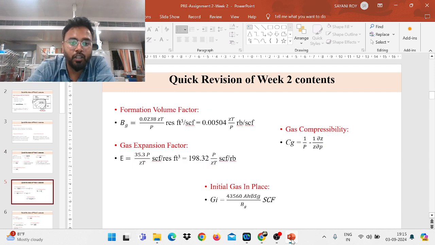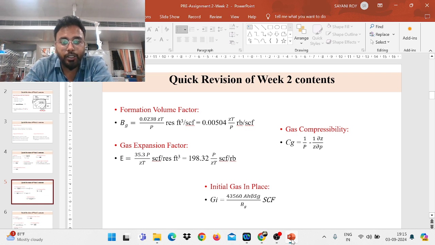Next formula is for the formation volume factor, denoted by Bg. The formula is 0.0238 ZT by P, reservoir feet cube per SCF. It can also be written as 0.00504 ZT by P, reservoir barrel per SCF.